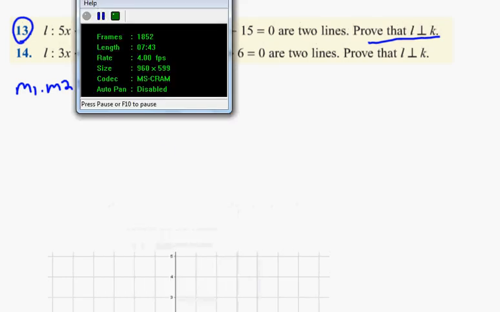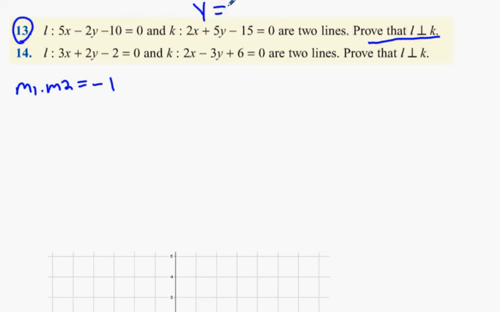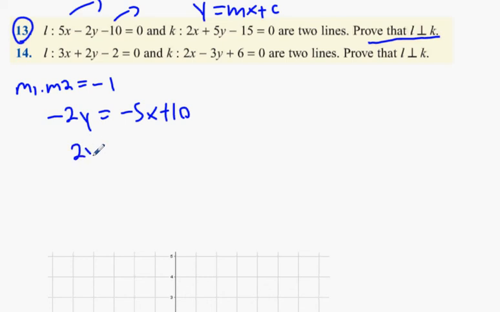So, we're using the formula y equals mx plus c. We're going to get y on its own in both equations. So the first one, I'll move the 5x and the 10 over to the other side. So I get minus 2y equals minus 5x plus 10. I'll multiply both sides by minus 1.